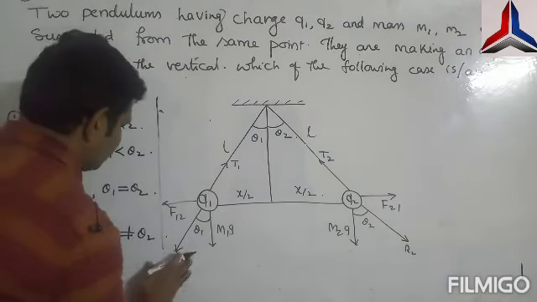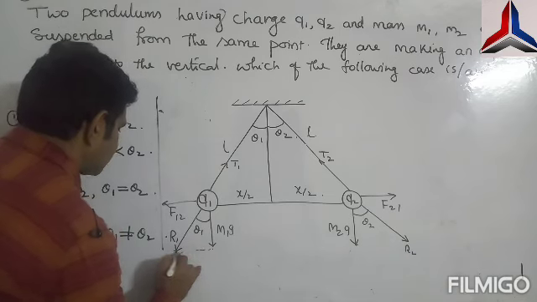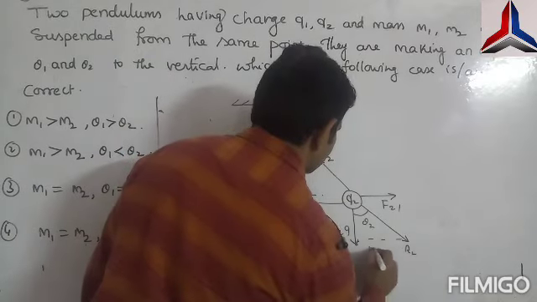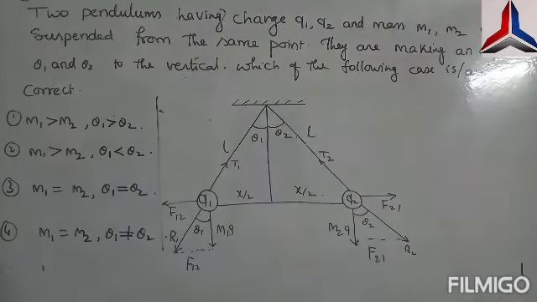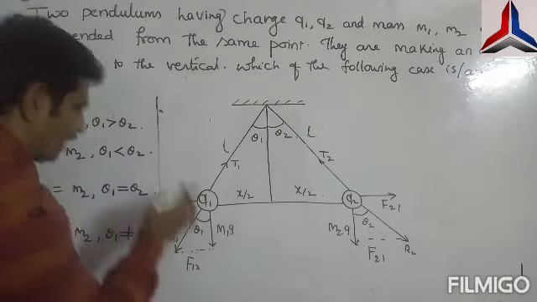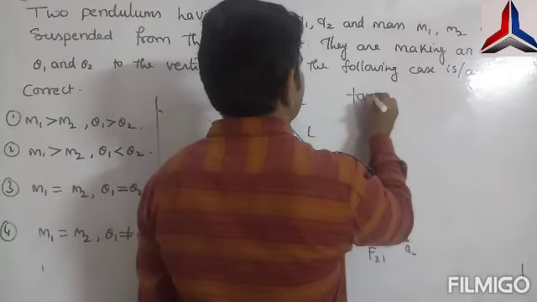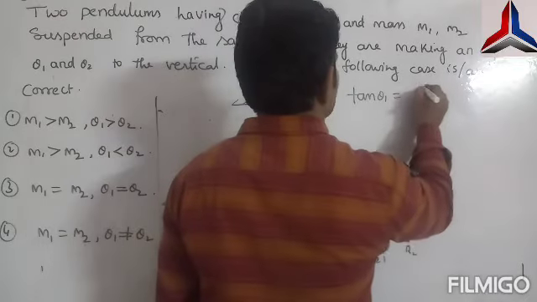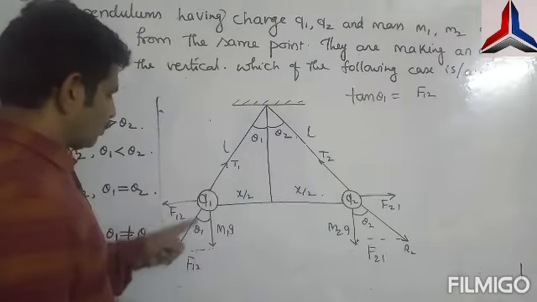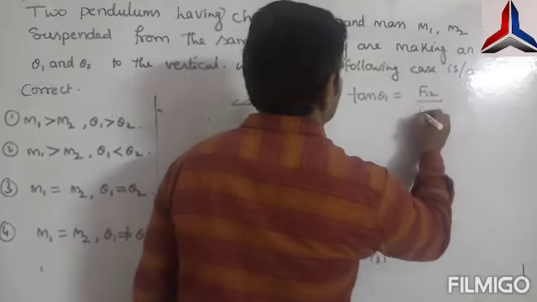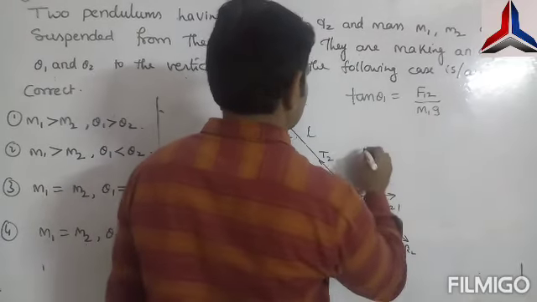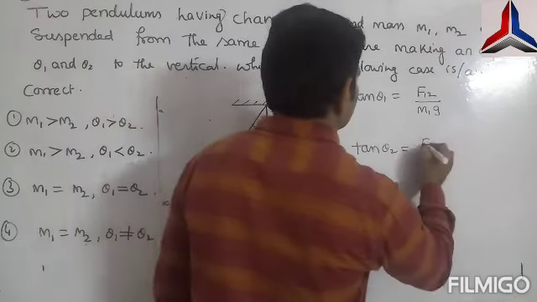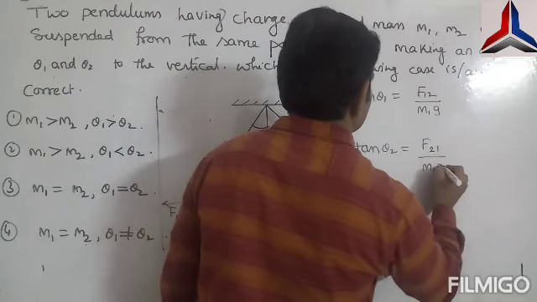Okay. For our convenience, we can write the vector anywhere. Now you can take tan θ1. You can come to the point: tan θ1 is equal to F12, the force on 1 due to 2, by its weight M1g, and tan θ2 is F21 by M2g.